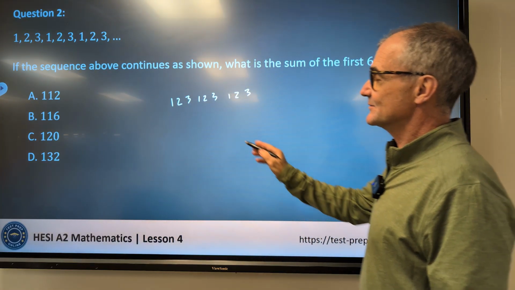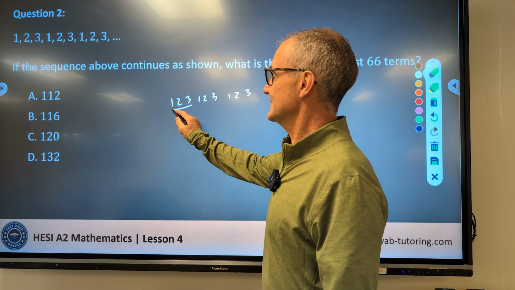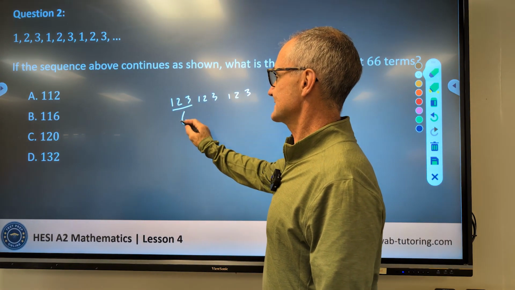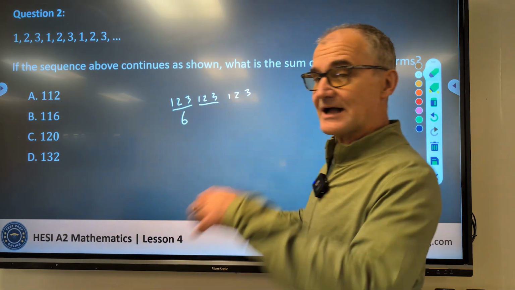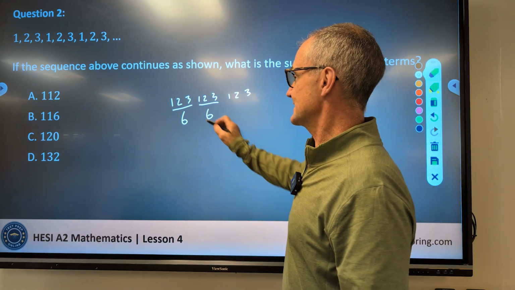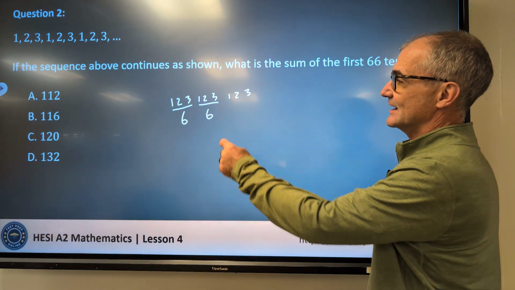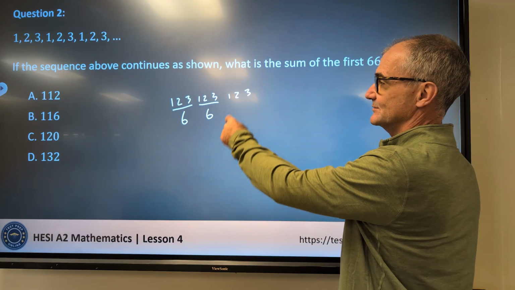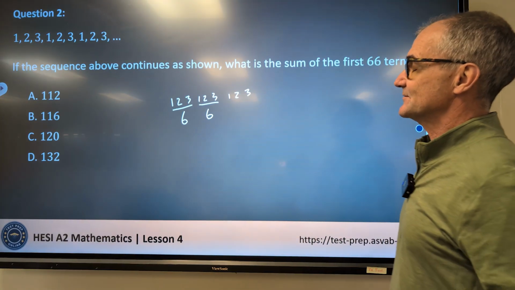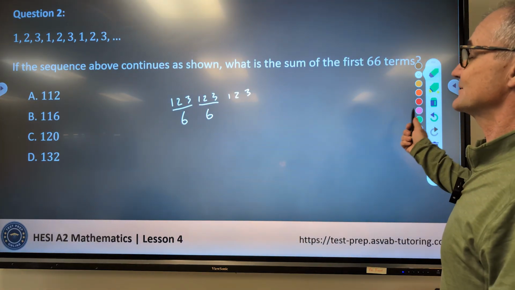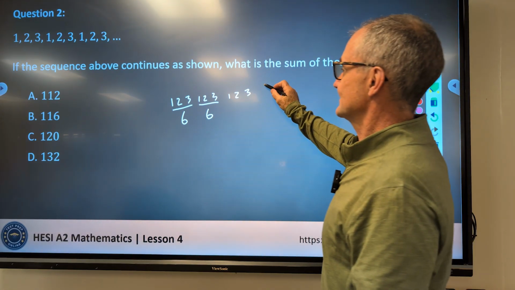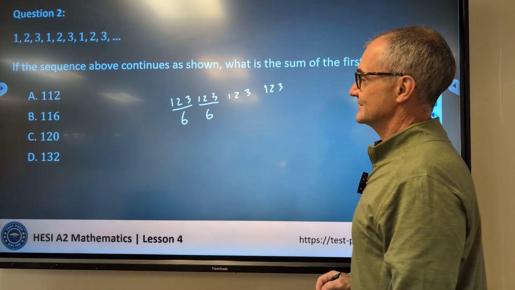So the sum of 1, 2, 3 right here is going to be 6. The sum, adding all the values up, is 6. The question is saying, can you add 1 plus 2 plus 3 plus 1 plus 2 plus 3? So the first thing you have to do is figure out what that sequence is. How many of these 1, 2, 3s am I going to have?